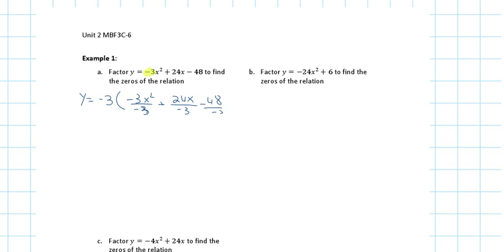Okay? So that gets me to y equals negative 3 bracket x squared minus 8x plus 16. You guys see that the terms switched signs because I'm dividing by a negative number.